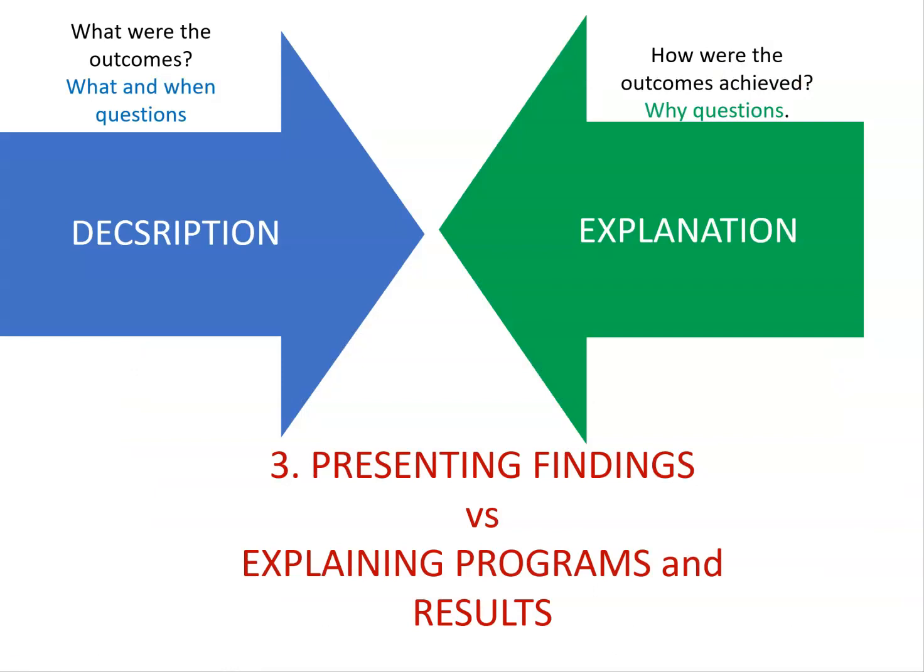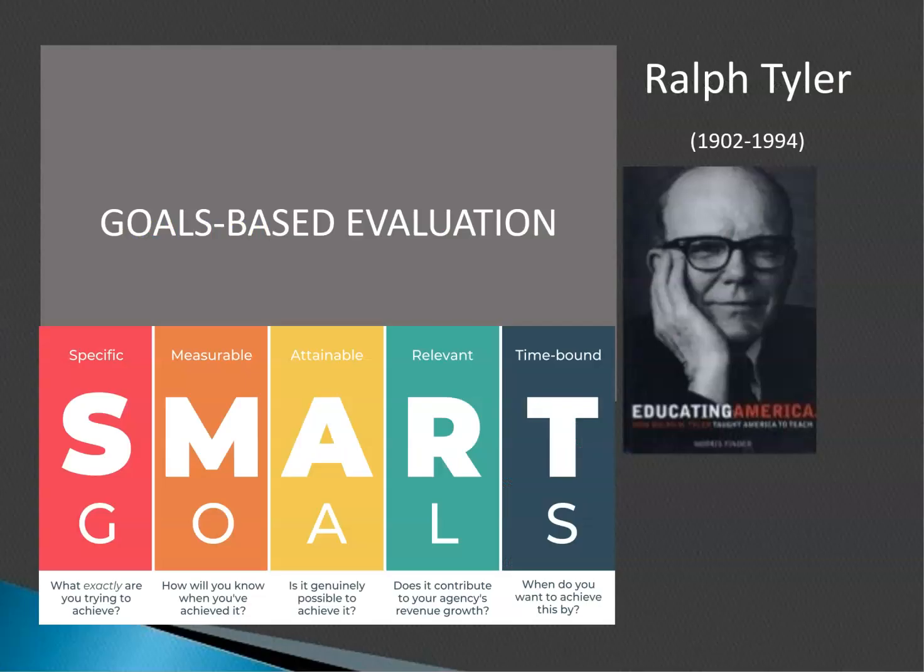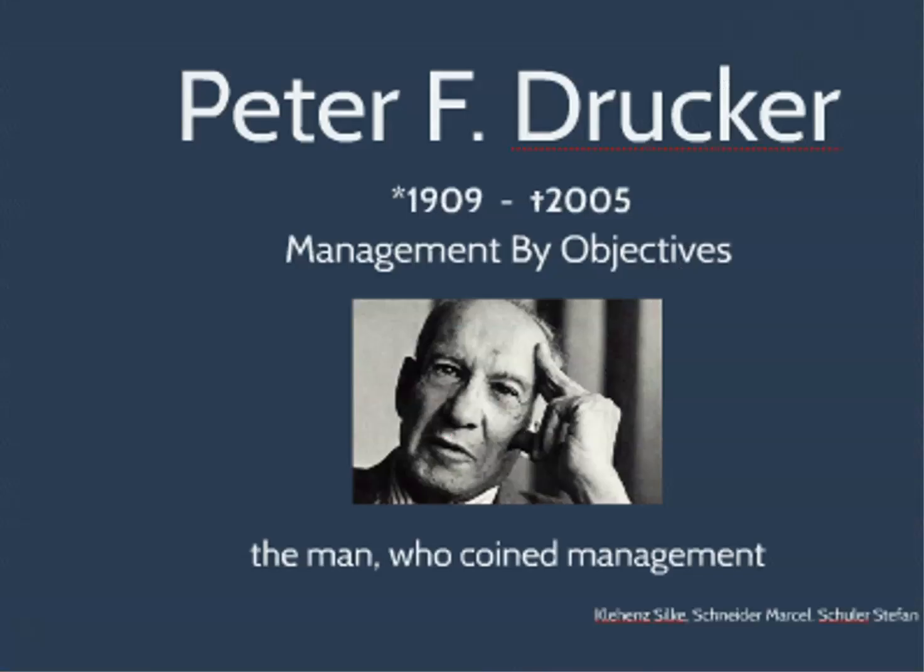A third point of contention is the difference between evaluations that focus on describing outcomes and those that focus on explaining outcomes, presenting findings versus explaining. This is a major division in the field. So in the descriptive tradition are the goals-based approaches, SMART goals, where you're describing whether or not goals are attained.